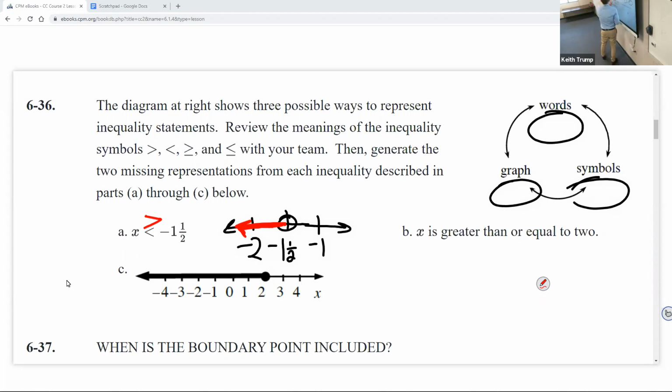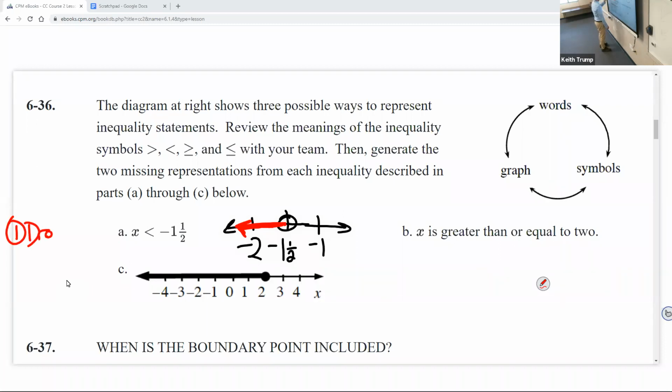So there are 3 steps when you're graphing an inequality at this point. The first step is to draw the number line. The second step, I'm going to say draw / label line.